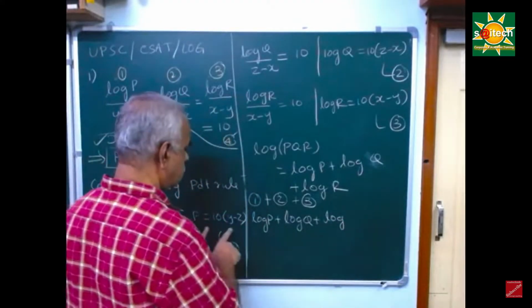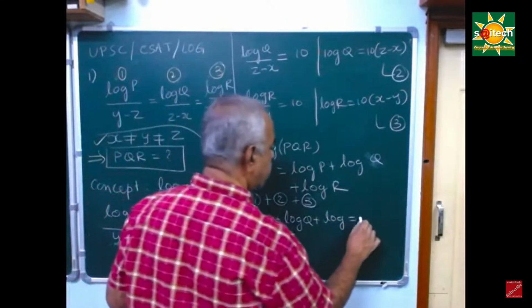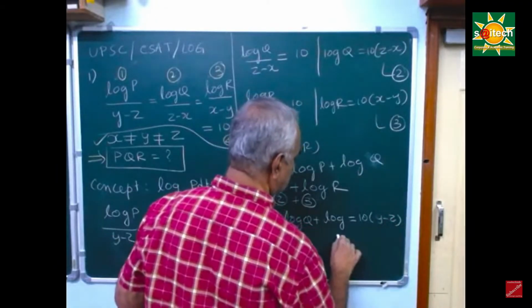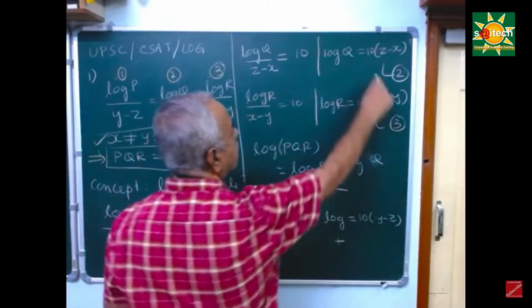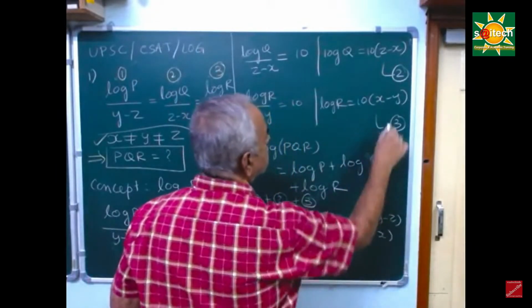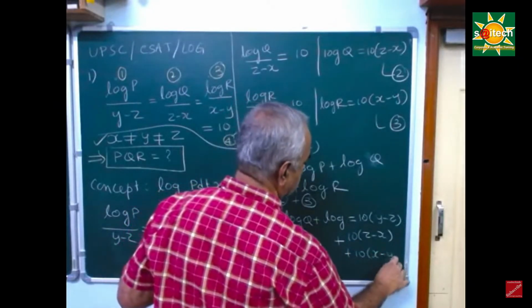So this is LHS, this is RHS. That is equal to 10 of y minus z plus, for the second equation, 10 of z minus x, and the third equation, 10 of x minus y.